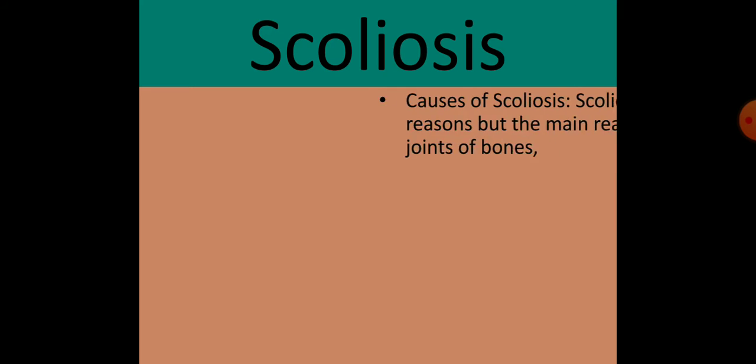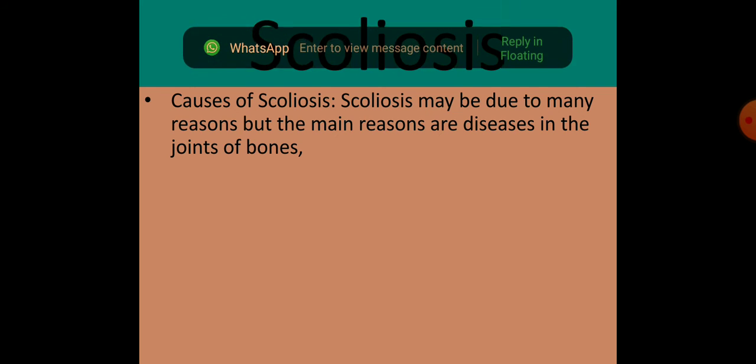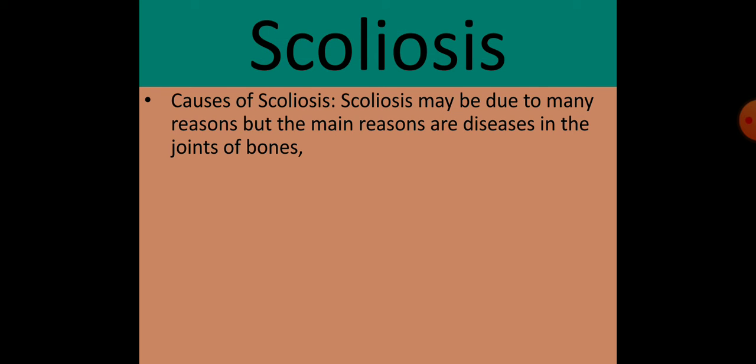Then we will come to the curative measures, causes of scoliosis first. Scoliosis may be due to many reasons, but the main reasons are diseases in joint or bone, especially the joints of the spine or shoulders.